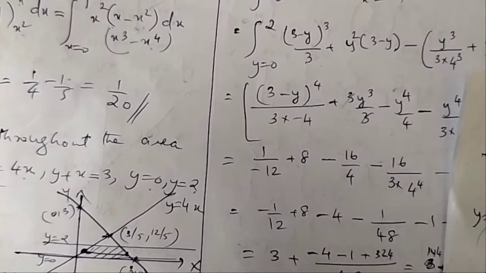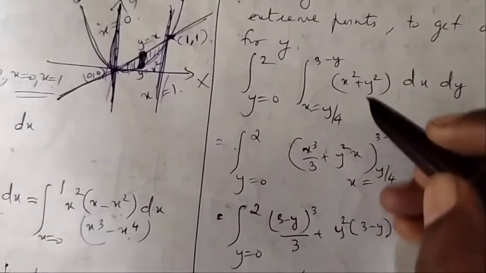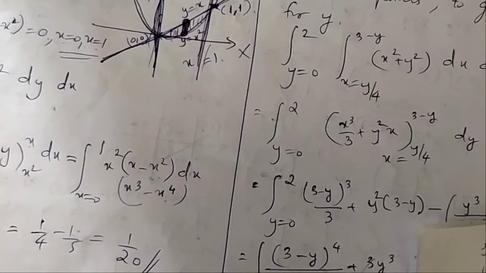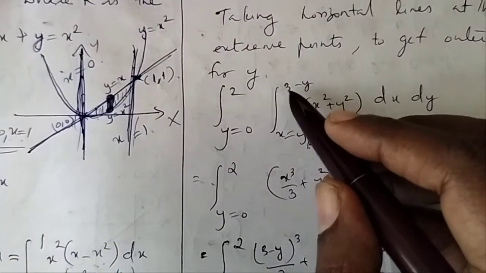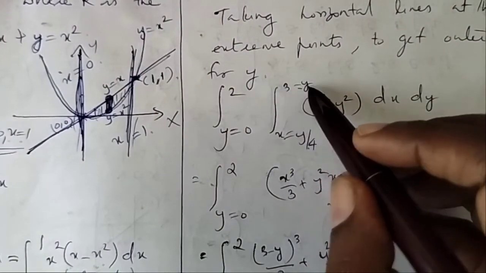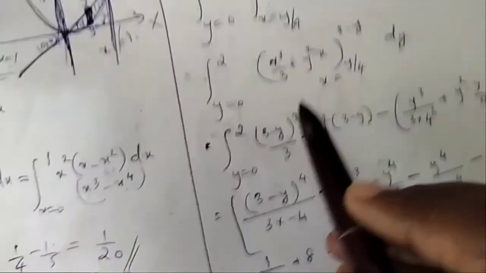So the limit for x: here y is equal to 4x, so x is y by 4, to x plus y is 3, so x is 3 minus y. First of all we have to integrate with respect to x.